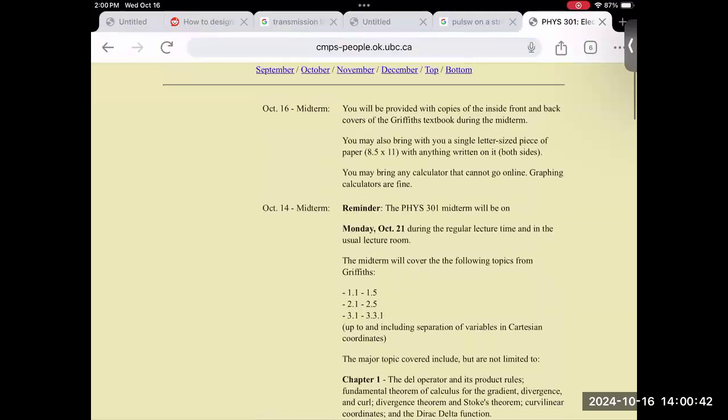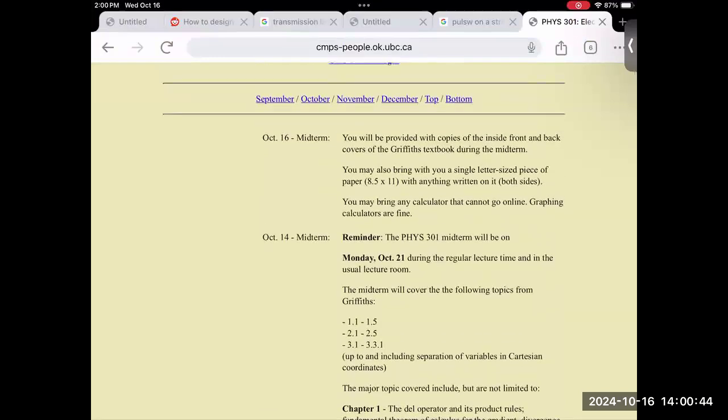What you can bring to the midterm: I will provide you with copies of the inside front and back covers of Griffiths. So those PDFs or printouts that you get when you do the tutorial, you will also have those for the midterm. But you can also get your own piece of regular letter-size paper and write whatever you want on it, both sides.